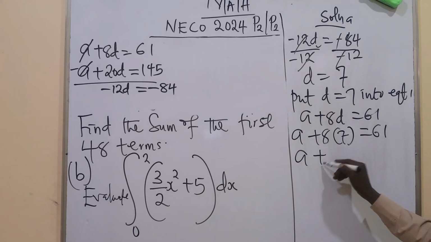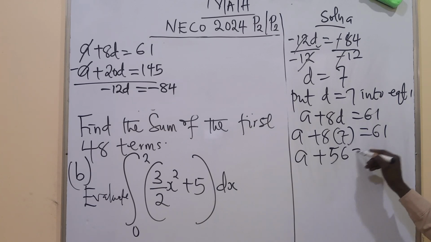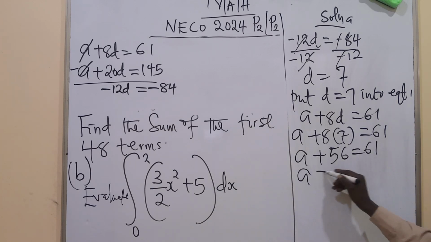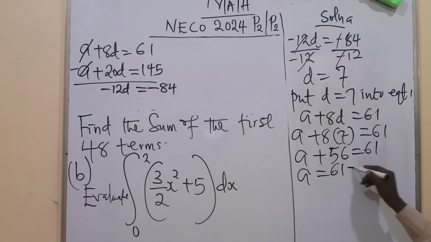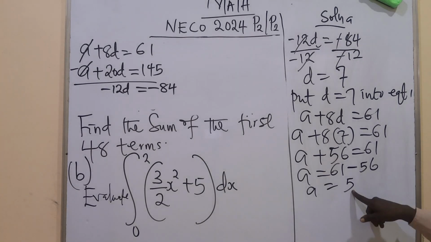So A plus 8 times 7 is 56 equals 61. So A now will be 61 minus 56, that will be 5. So the first term is 5.